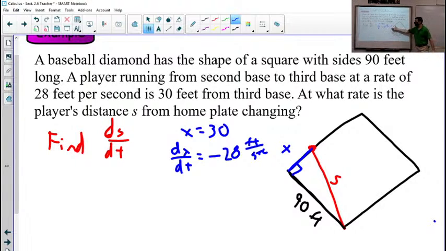This distance is getting smaller, right? Because they're running towards third base. So this distance is getting smaller, so the rate of change of the distance is negative. So our dx/dt is negative 28 feet per second.